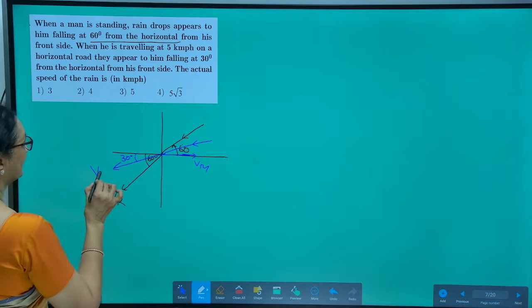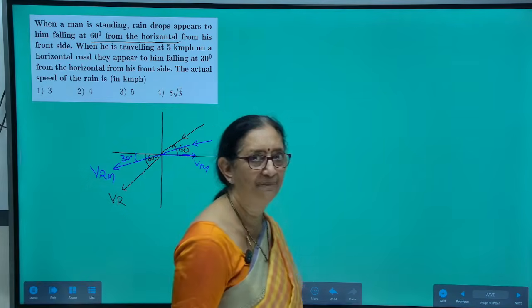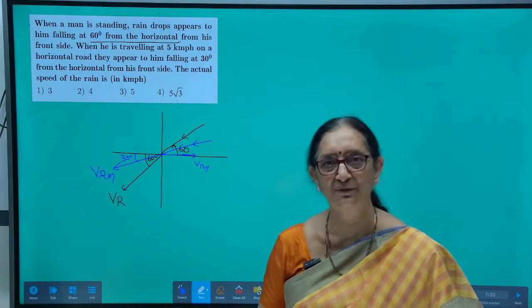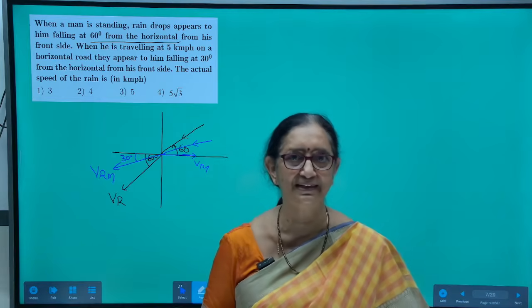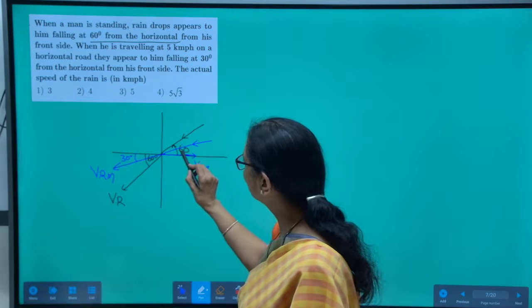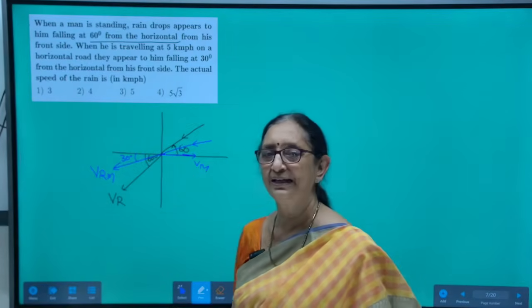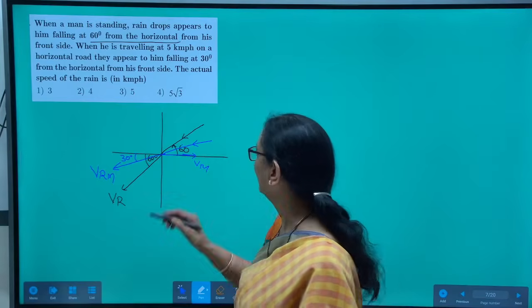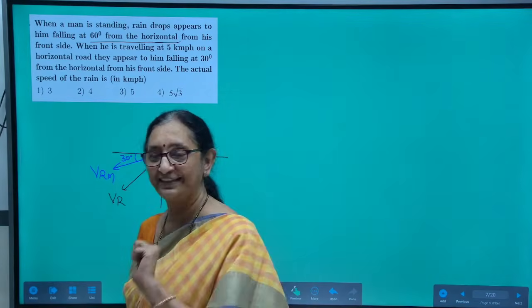So, this is velocity of rain with respect to the man. In the first case, man is stationary. So, velocity of rain with respect to a stationary man is nothing but absolute velocity of the rain. That is making 60 degrees with the horizontal. But when the man started walking with 5 kmph, rain appears to fall at 30 degrees. It is quite interesting.